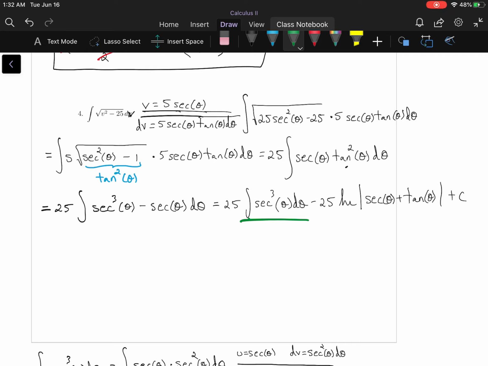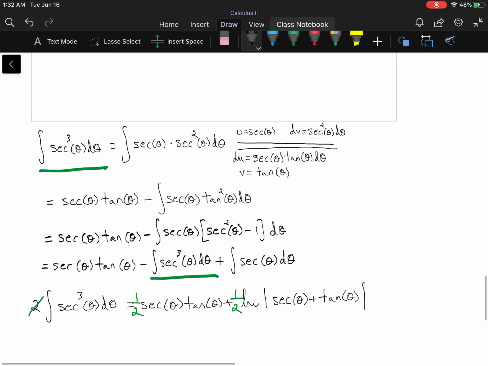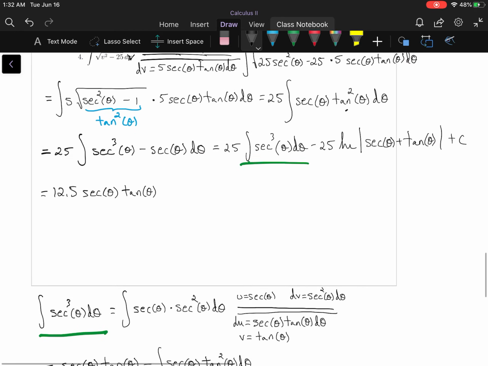There's a 25 out front, so it's 25 halves, or 12.5, secant theta tan theta. That 25 is also multiplied by the 1/2 times the natural log of secant plus tan.